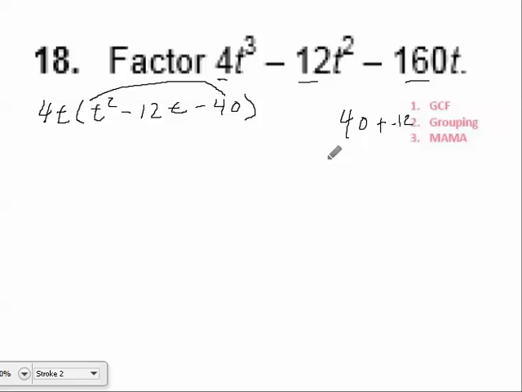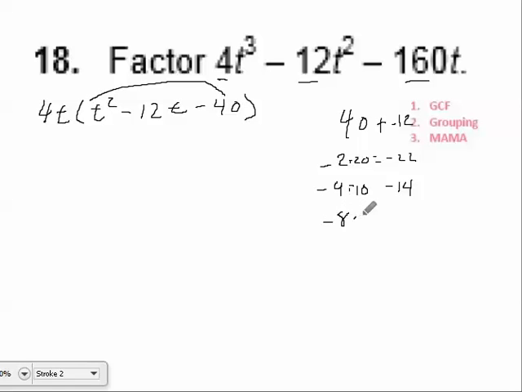So negative 2 times 20, nope, that becomes a negative 22. That's too big. So negative 4 times 10, that's a negative 14. Still too big. Okay.